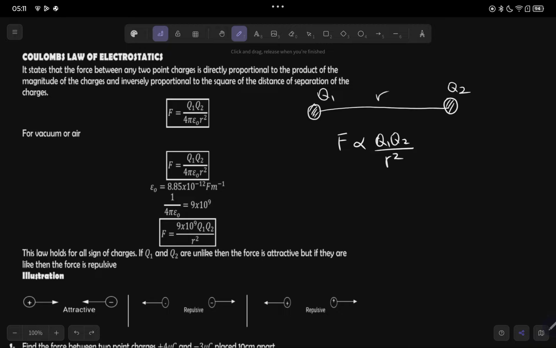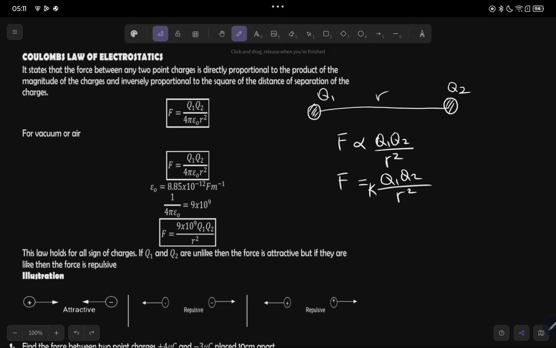The distance is in meters and the charges are in coulombs. If we replace the symbol of proportionality with a constant of proportionality, we get Q1 Q2 over R squared times a constant.